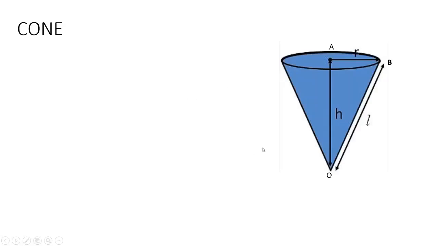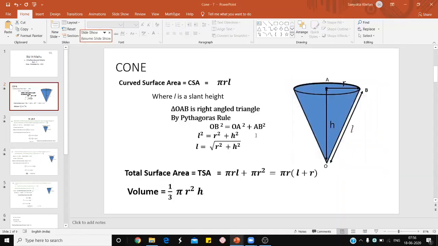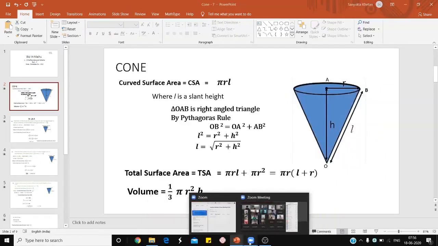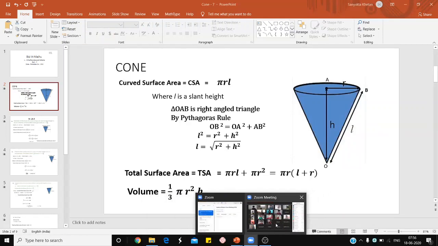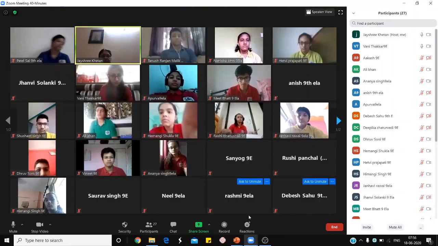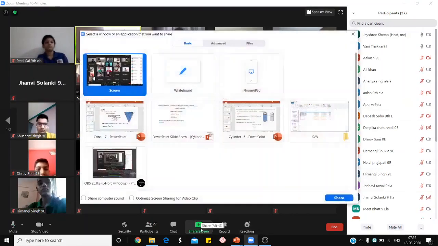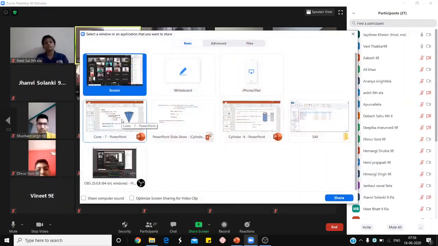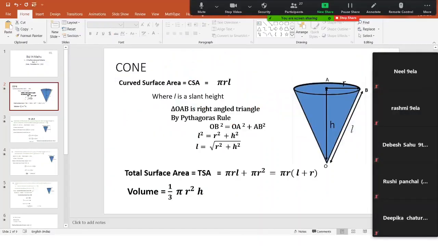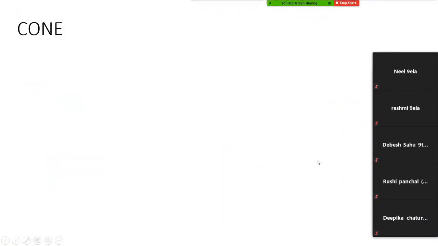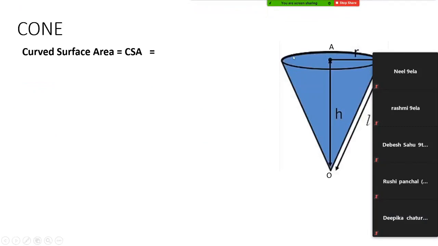Now, in the cone, you can see two things. If a cone is given, you can see two parts.